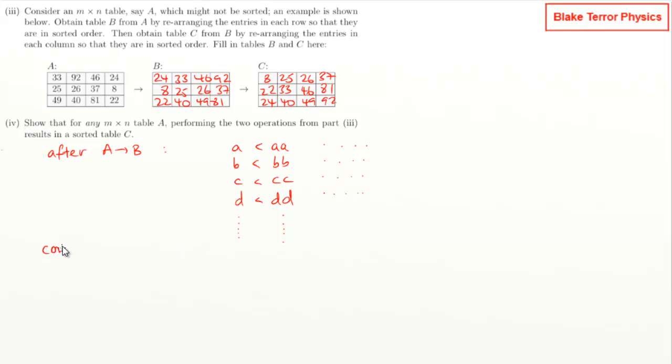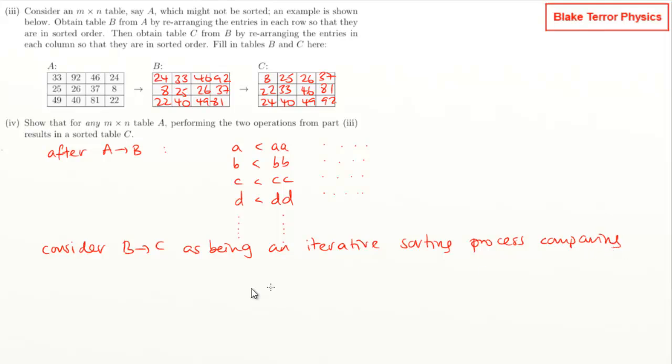So let's consider B to C as being an iterative sorting process, comparing neighboring cells.